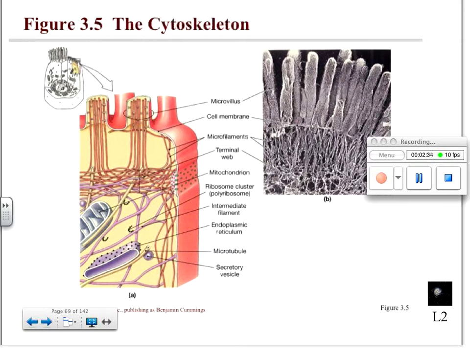This holds a cell together. It's like a skeleton itself. It's made up of microvilli. What is that? Those are just the wavy things that are on the outside of a cell. Here are the microfilaments, and the mitochondria are here. That's the concept I want you to know. One cytoskeleton holds it all together.